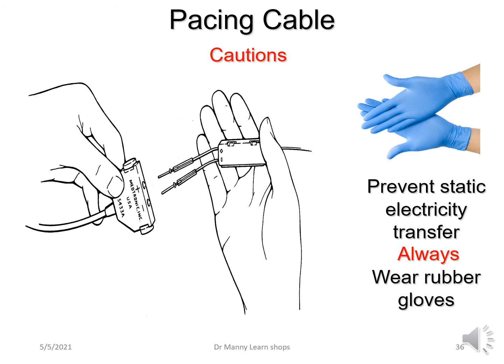And this can cause static electricity to be transferred and initiate a life-threatening rhythm. So when handling pacing electrodes that are exposed as these are, we should always wear rubber gloves as a safety issue.